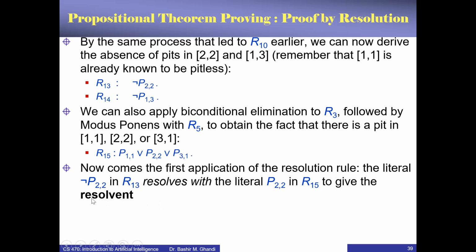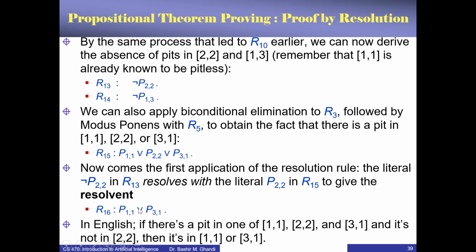So they resolve themselves. This is actually the idea of this method. Anytime you have two complementary sentences, they automatically resolve themselves. Therefore, in this R15, we will eliminate P22, so we are left with just P11 or P31.